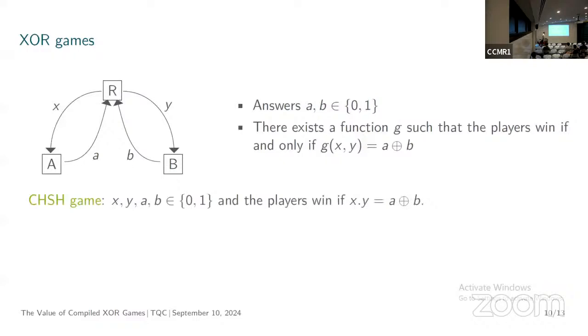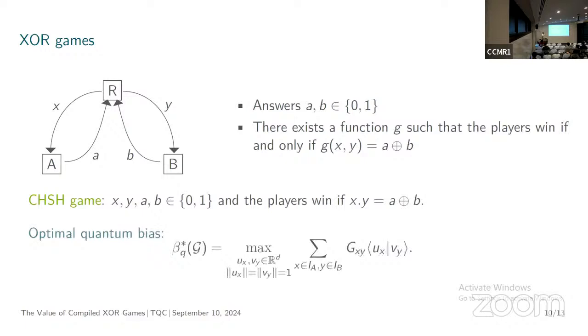Okay, and one example, which is, I guess, the most famous non-local game, is the CHSH game, where the questions and the answers are bits. And I win if the product of the questions is the same as the XOR of the answers. So my function G will just be X times Y. And the very nice thing about XOR games is that the quantum value, the maximal winning probability for XOR games, is actually given by the so-called vector strategies.